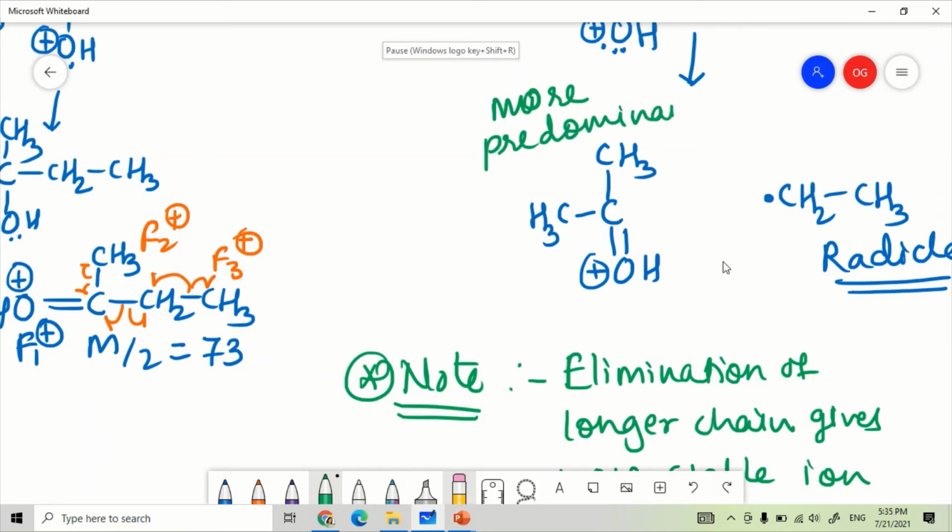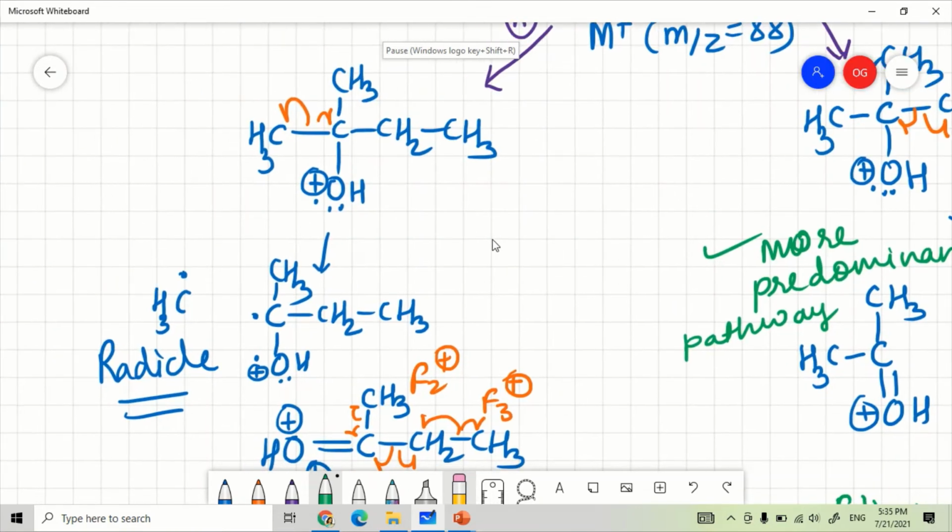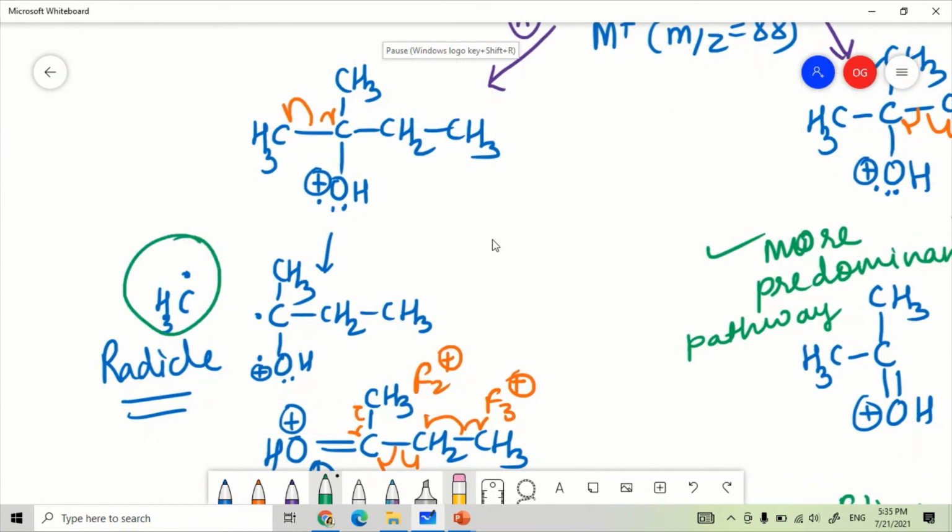And what do I mean by this more predominant pathway and less predominant pathway? Okay, if this is the more predominant pathway, the other pathway, using which the small radical was removed, is the less predominant pathway.